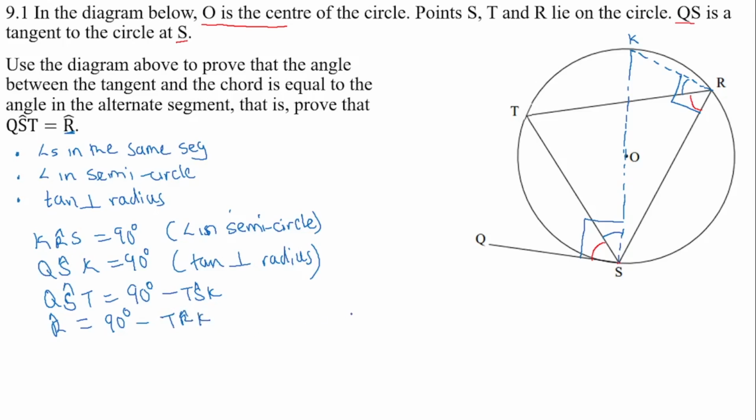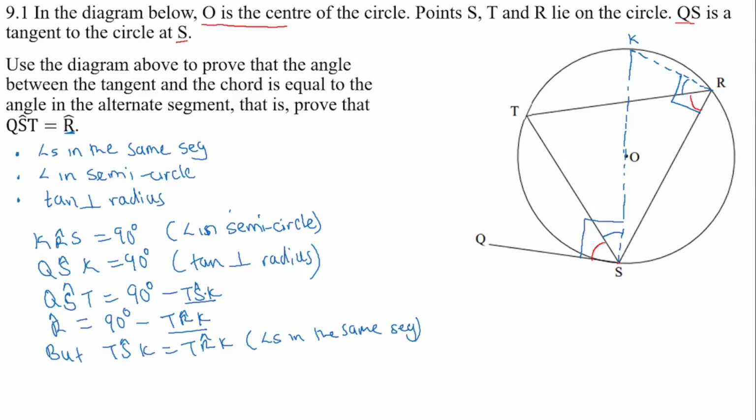But if we check, we are saying that angle TSK is equal to angle TRK, because these are angles in the same segment. We talked about that. If these two are equal, what does that mean?